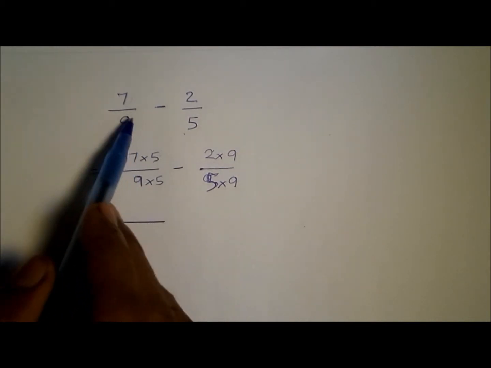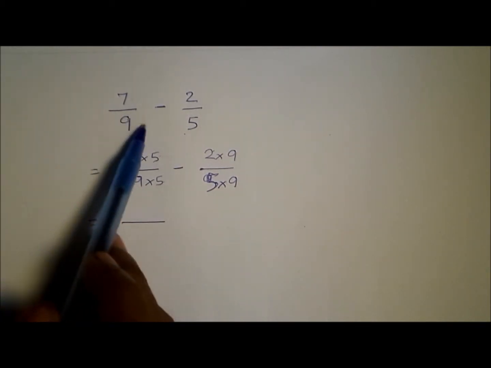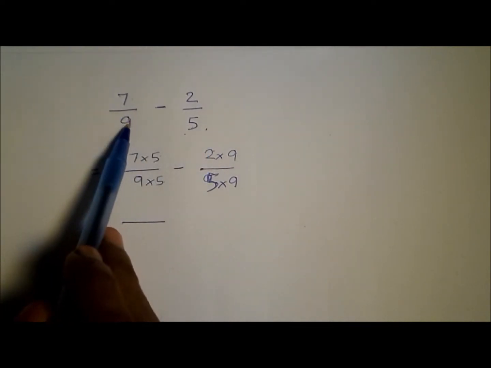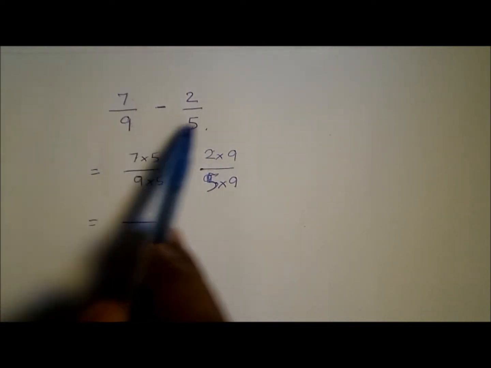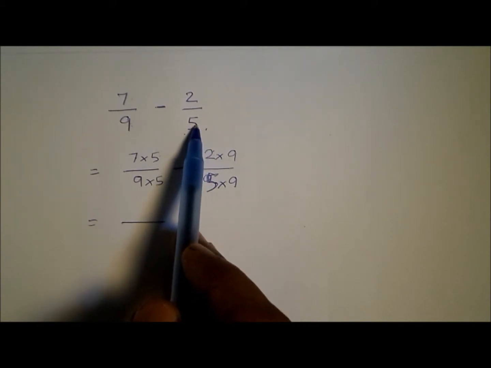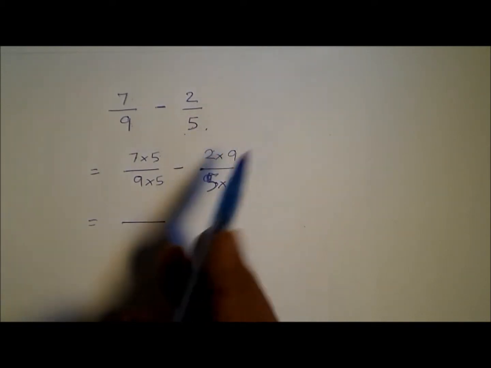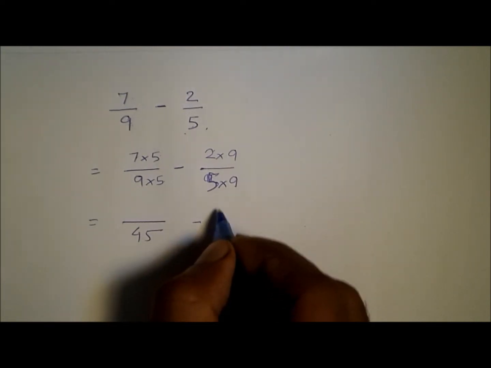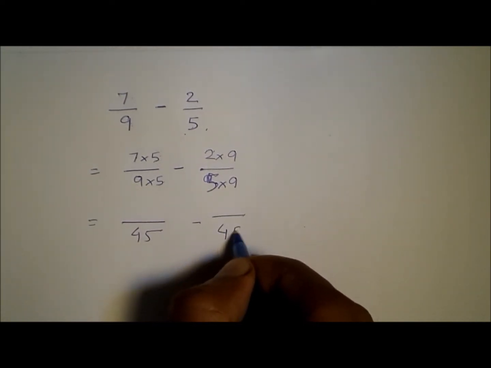What this whole exercise leads us to: 9 into 5 is 45. We multiply 9 by 5 here, that's 45, and we multiply 5 by 9 here, that's also 45. So we get 45 in the denominator in both the fractions.